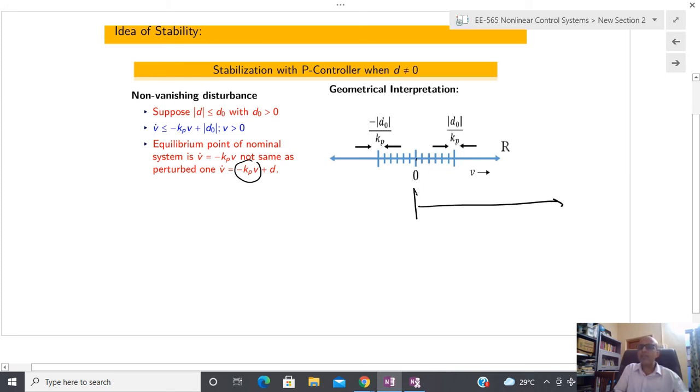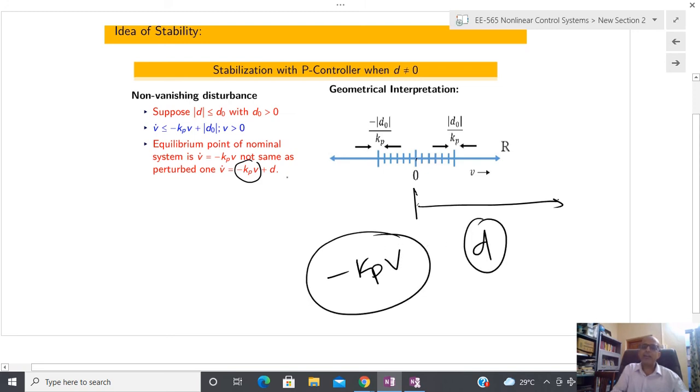Suppose you are far from the equilibrium point, then initially your Kp multiplied by V part is going to dominate over this part D, and suppose D is positive for the time being. If that is negative, then that is very beneficial for us, it is going to support our motion. But I cannot consider the best case, I have to analyze the worst case. So I am going to consider those cases where D might be positive or negative both.